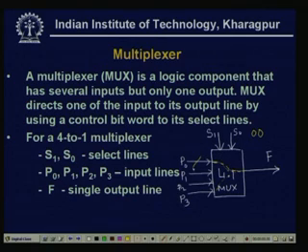That means whatever value I put on the P0 input line, I will get at my output F. Similarly, it can be 0 1, 1 0 or 1 1. So, if S1 S0 is 1 1, then whatever input is applied to P3 will be directed to the output F. So, this is the function of the multiplexer.